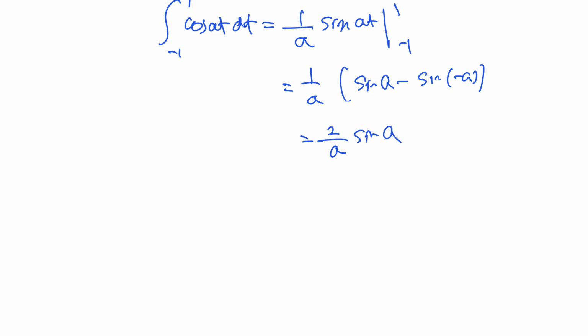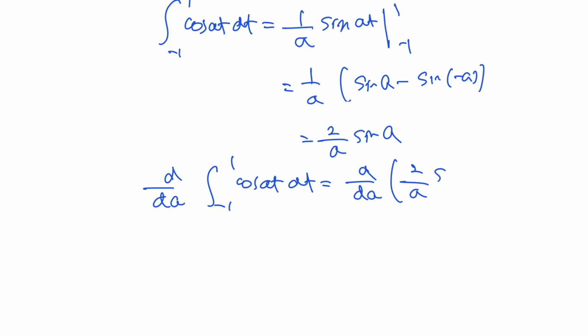So if we differentiate this, d/da of the integral of cosine at dt is equal to d/da of 2 over a sine a, which is 2 cosine a over a minus 2 sine a over a squared, right?